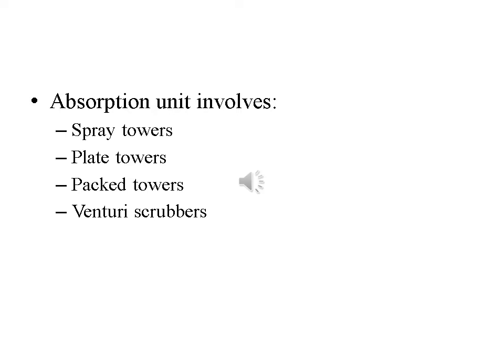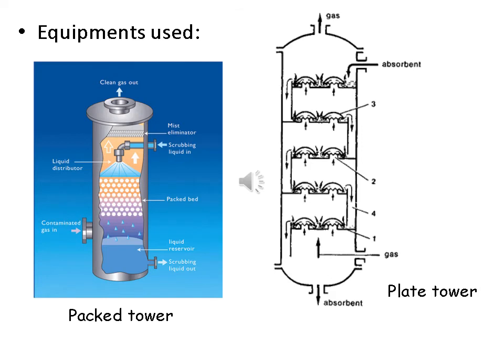If we look at the other units, there are plate towers and packed towers, which are the most commonly used devices for removing gaseous pollutants. These are the equipment used for the absorption method, packed tower and plate tower.